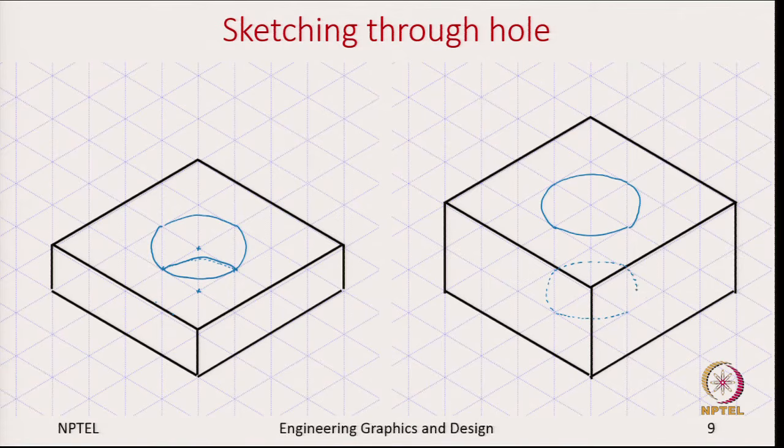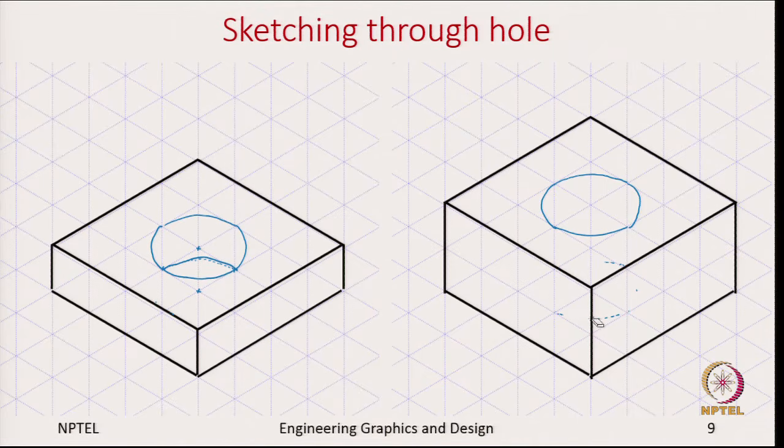Okay. So, what we notice is we cannot see any part of this bottom circle, because that does not fall into this top circle. So, we need not show the bottom face in this example. So, I can remove it. To be precise, I should remove this.